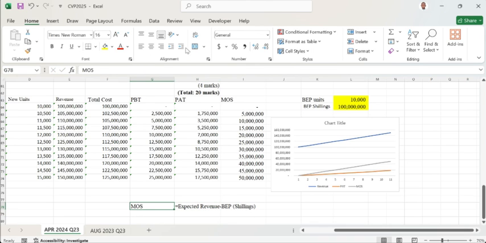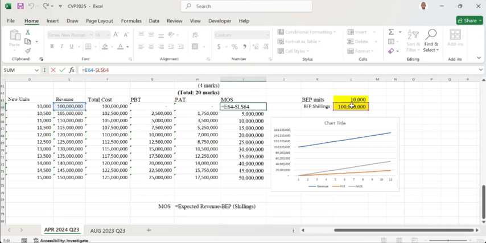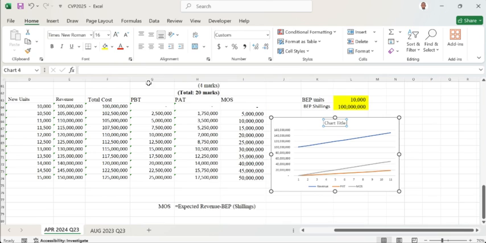We can see use align chart like that. Come up again with the margin of safety.